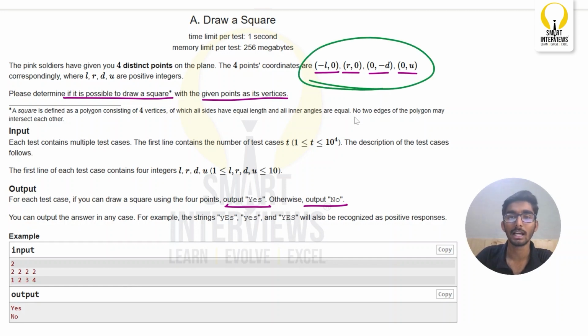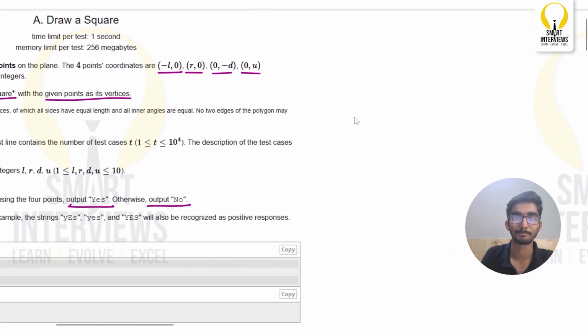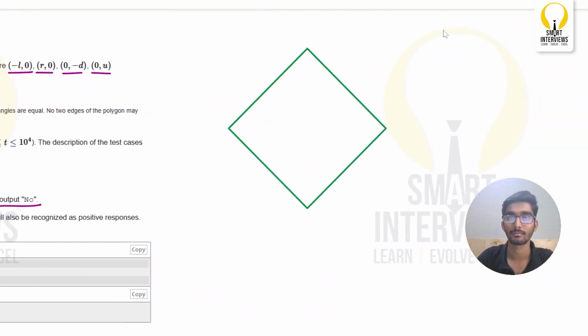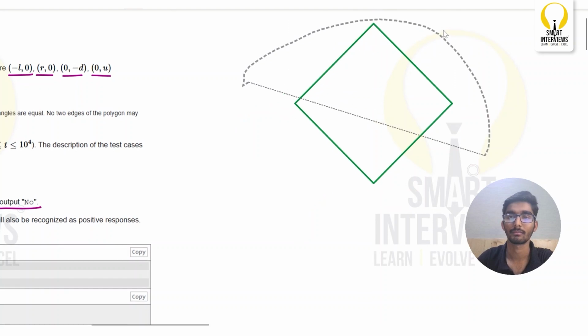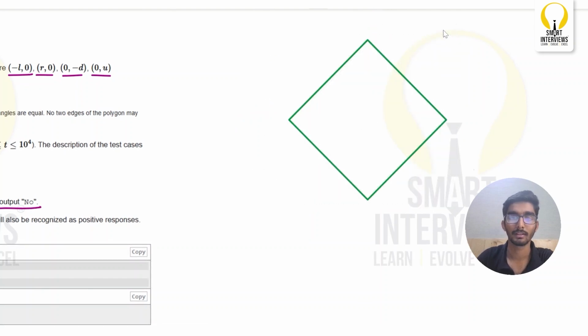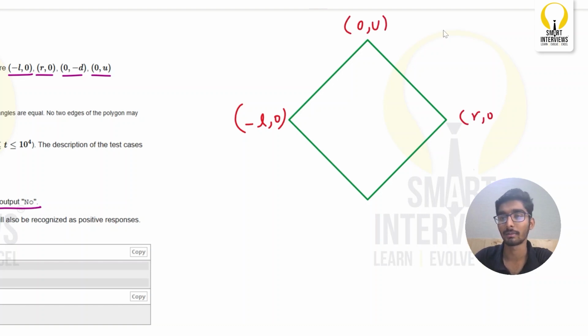So let's first understand this. This is (-l, 0). If I consider this as my x-axis and this as my y-axis, then this point is (0, u). This is (r, 0). This is (0, -d).